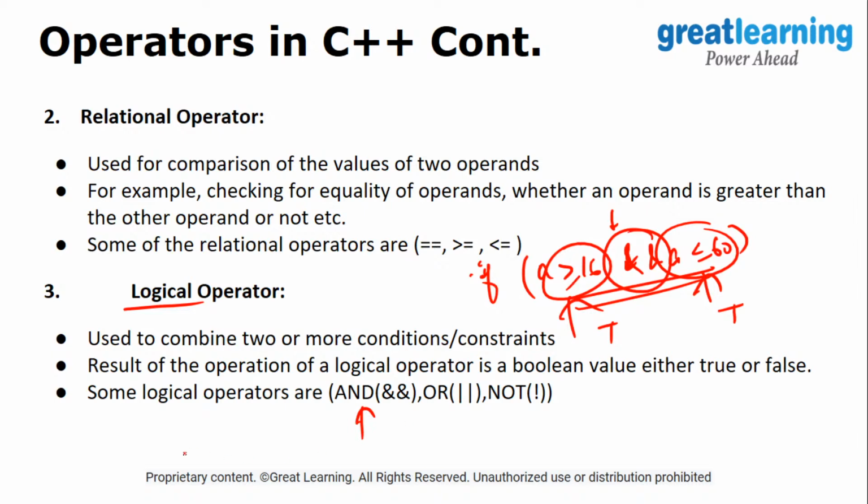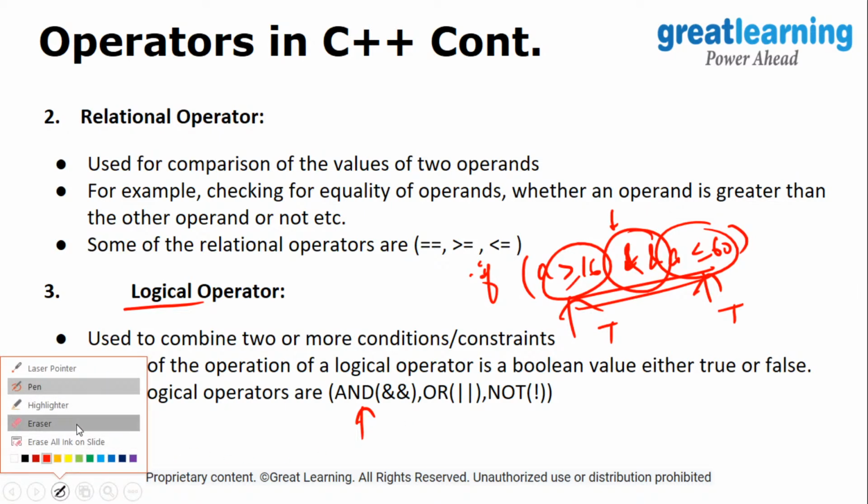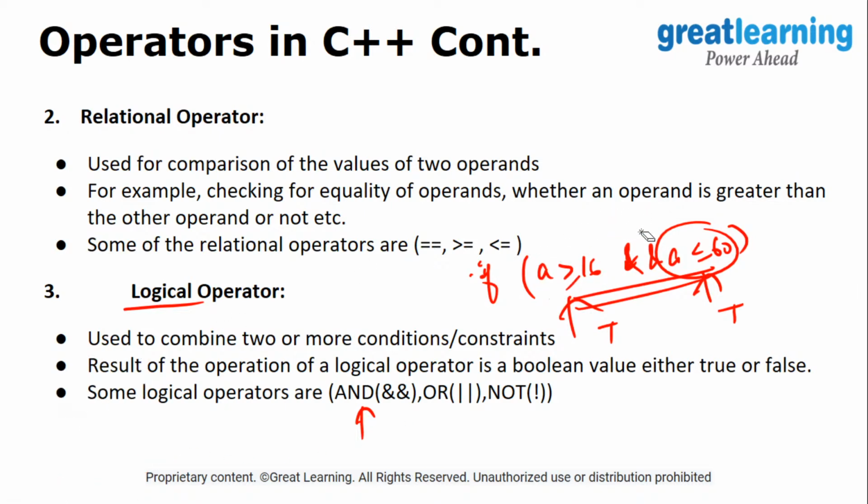But what if I just changed this to or? Now in that case, the scenario will change. If a is greater than 16, that means if a is 70, obviously he should be less than 60, but that is not the case here.